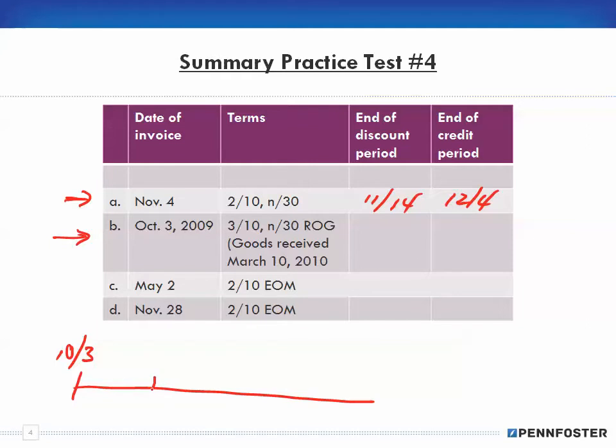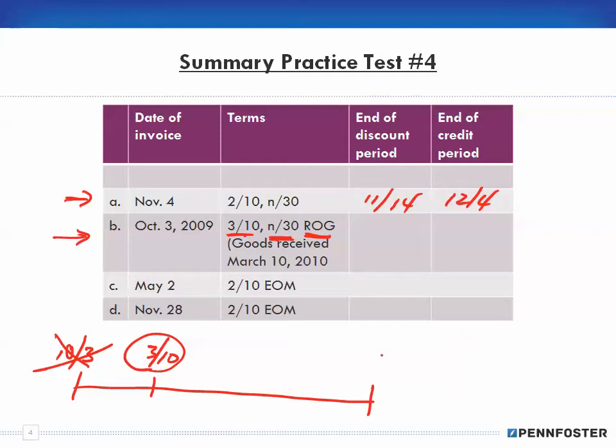That's October 3rd, but we didn't receive the goods until March 10th, okay, and it's 3% 10, net 30 receipt of goods. Well, the only difference between the ordinary method and receipt of goods is that we don't do the ordinary method until we actually receive the goods. So we're not concerned with the October 3rd, we're concerned with the March 10th.